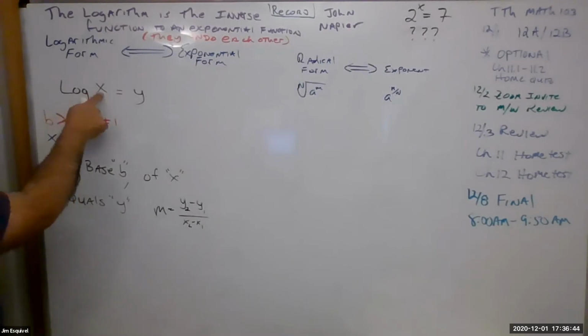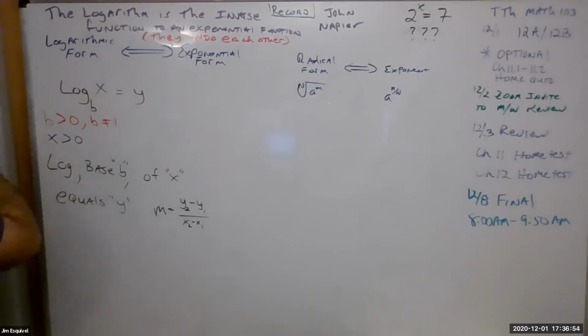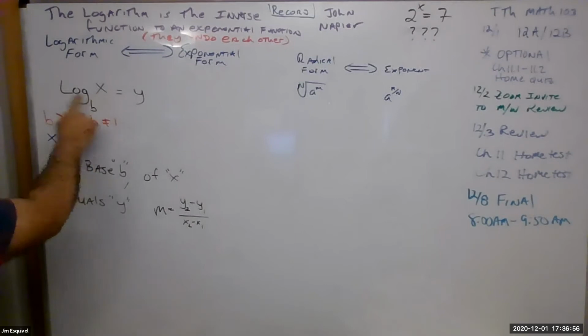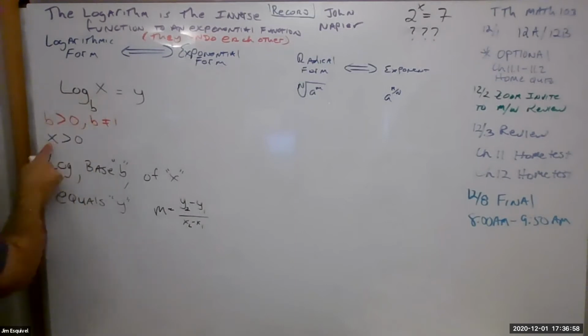You can only take the logarithm of positive numbers. And why is that? That's inside the logarithm, what you plug into it, the X. Yes, but why can it only be positive numbers? You'll see when we actually translate it.